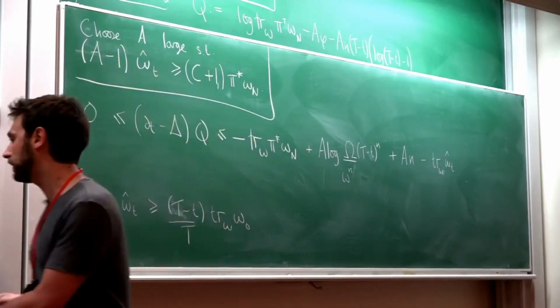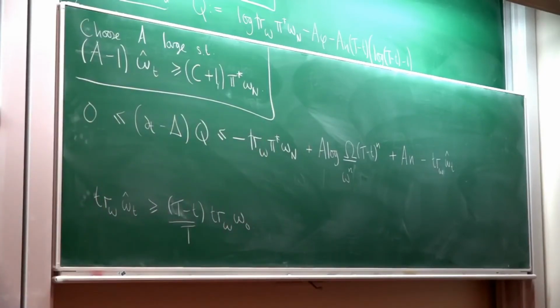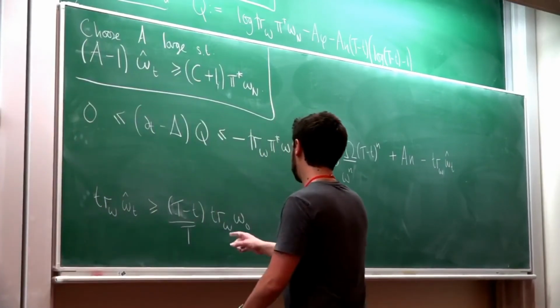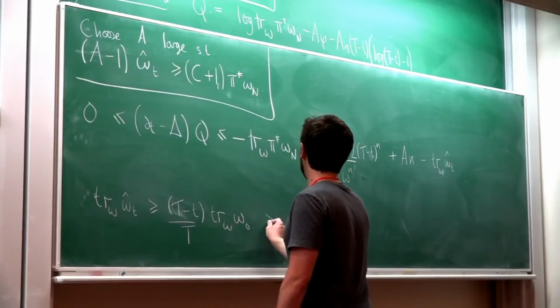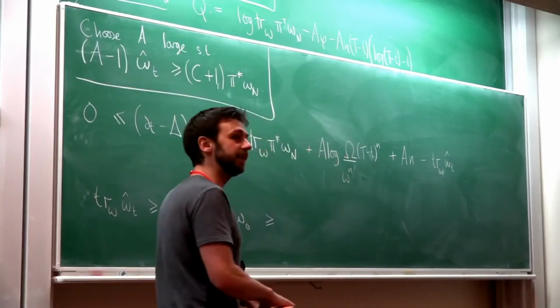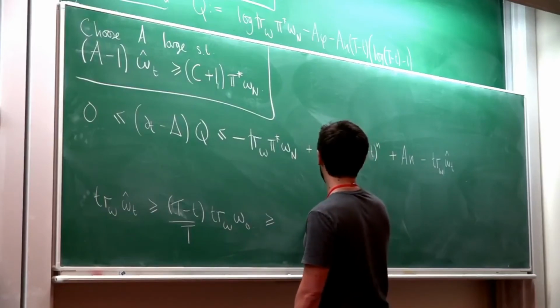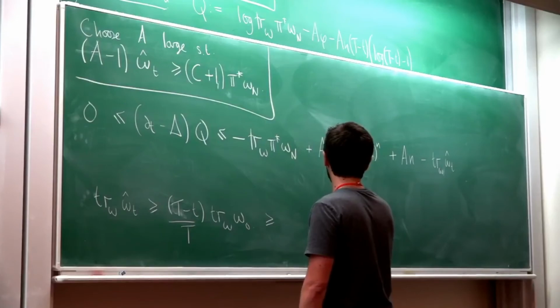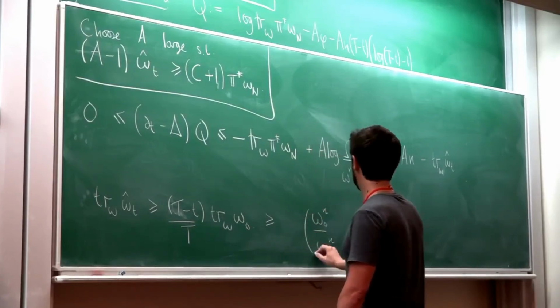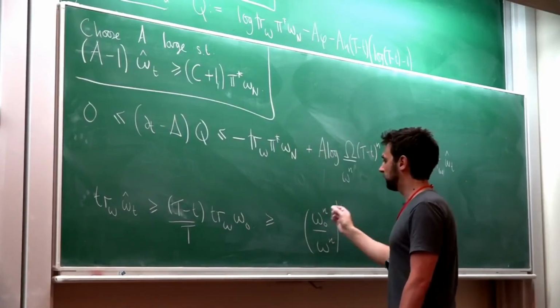And that's just because omega hat t is bounded below, at least by this guy, because this is not negative. But now I can apply the arithmetic geometric mean inequality, which tells me that this is bounded below by omega 0 to the n over omega to the n to the power 1 over n. Maybe there's some factor n there.